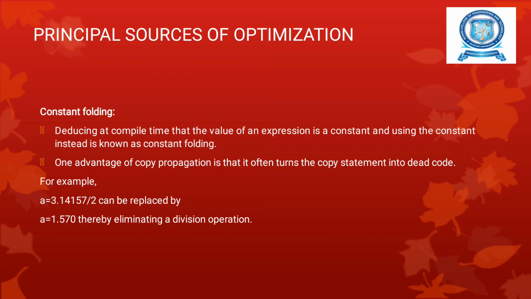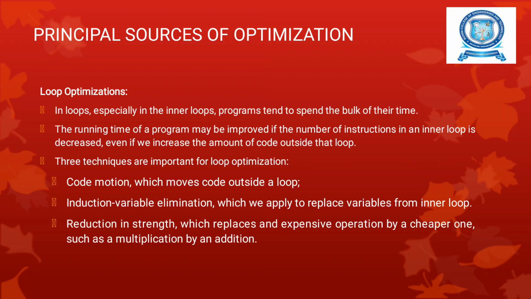Divided by 2 is a simple division, so we can directly write a is equal to 1.57. If you want a is equal to 50, we write a is equal to 50 instead of a is equal to 100 divided by 2. That is a simple division.